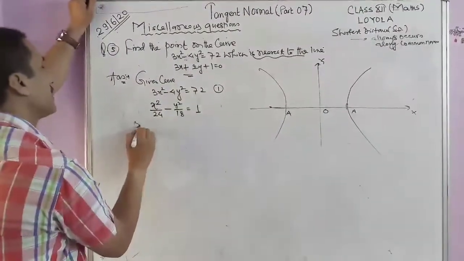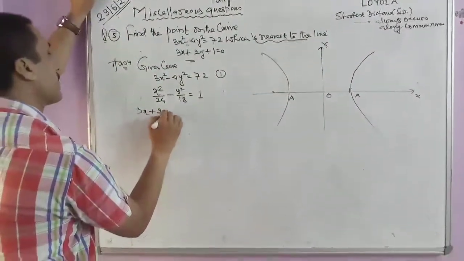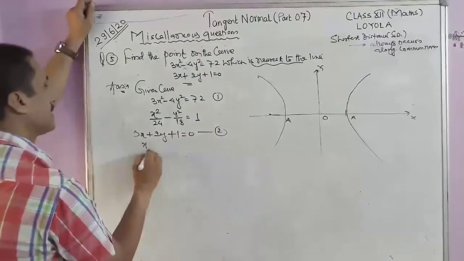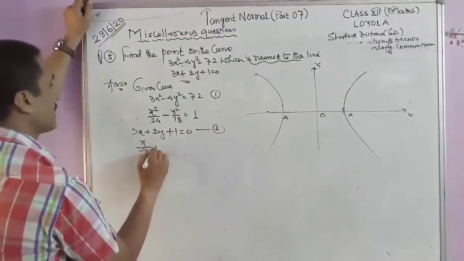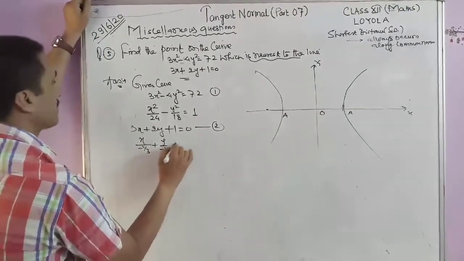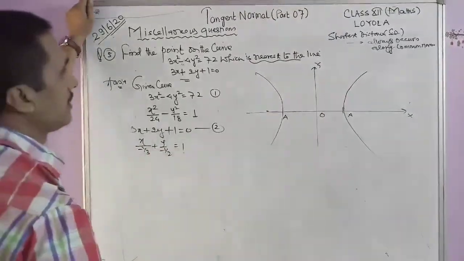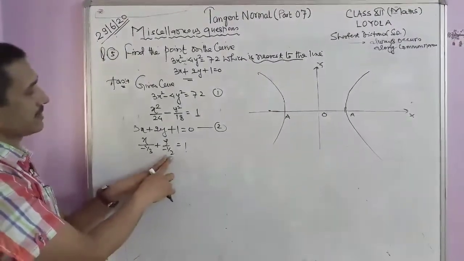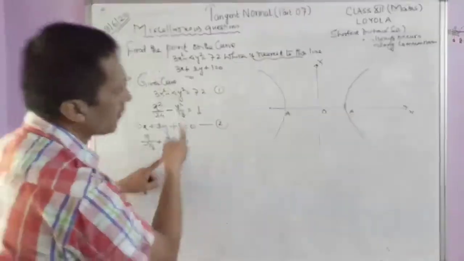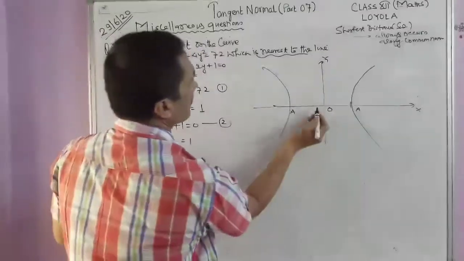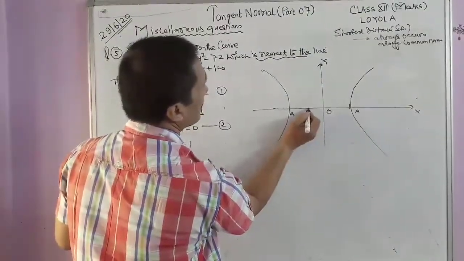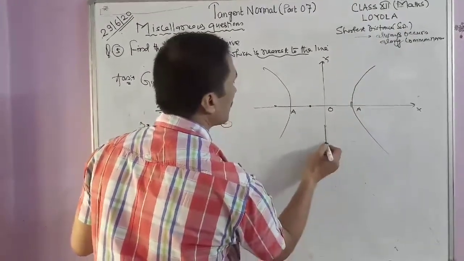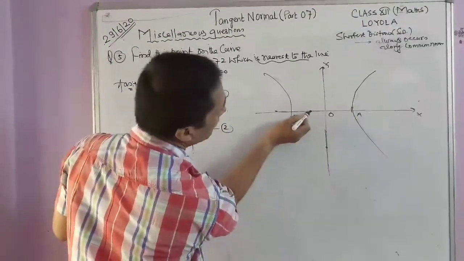The given line is 3x plus 2y plus 1 equal to 0, that is x upon minus 1 by 3 plus y upon minus 1 by 2 equal to 1. Here the line has intercept on the x axis minus 1 by 3 and on the y axis minus 1 by 2.